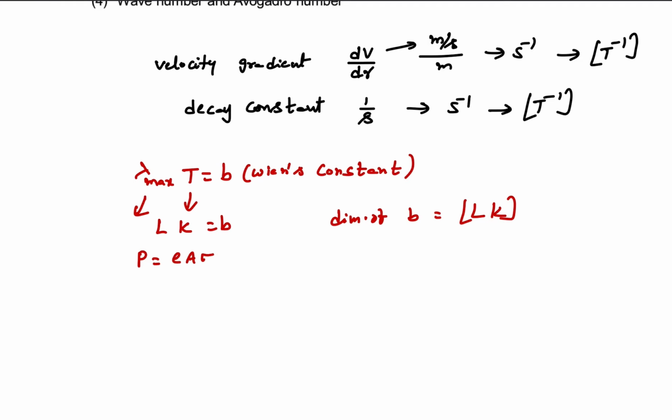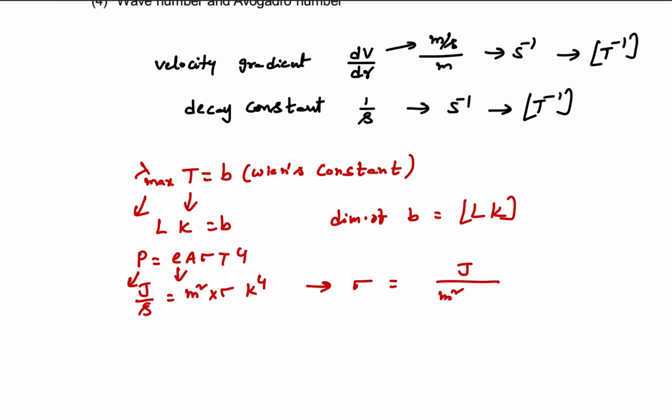Next, Stefan's constant. We have power is equal to e A sigma T to the power of 4, which you studied in the radiation chapter of heat transfer. Power is joule per second, emissivity is a number only with no unit, A is meter square, and T to the power of 4 is Kelvin to the power of 4.